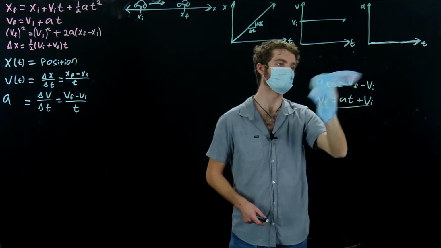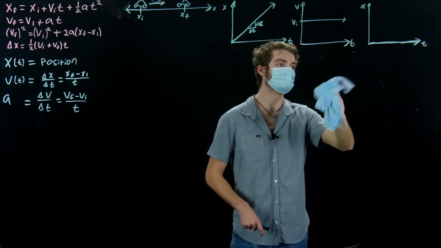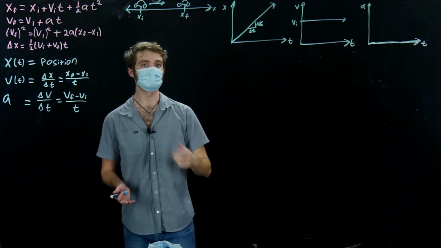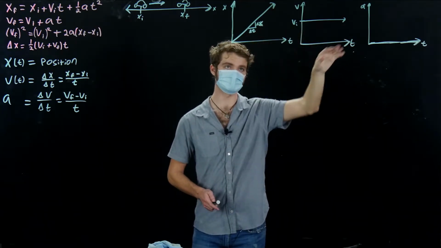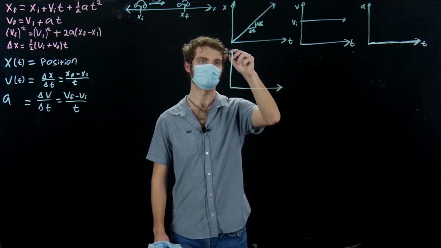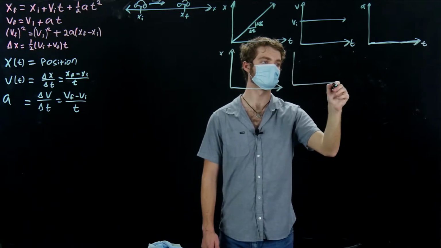Now, let's have a slightly harder problem. What if our velocity wasn't constant? What if, instead of an initial velocity that's constant the whole problem, I'm just going to draw a new set of graphs.